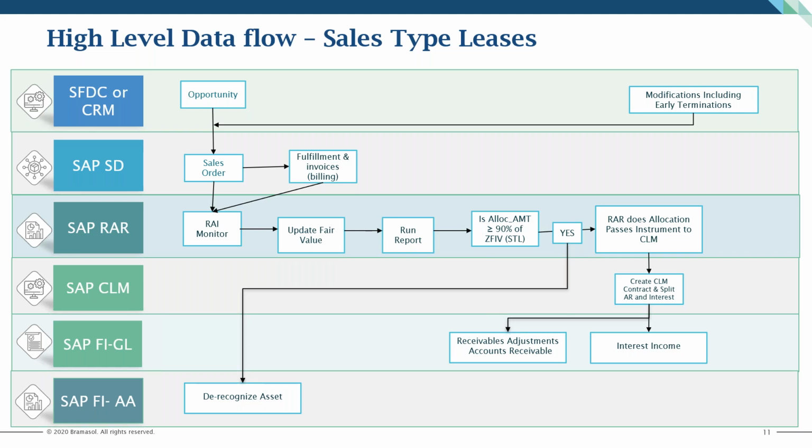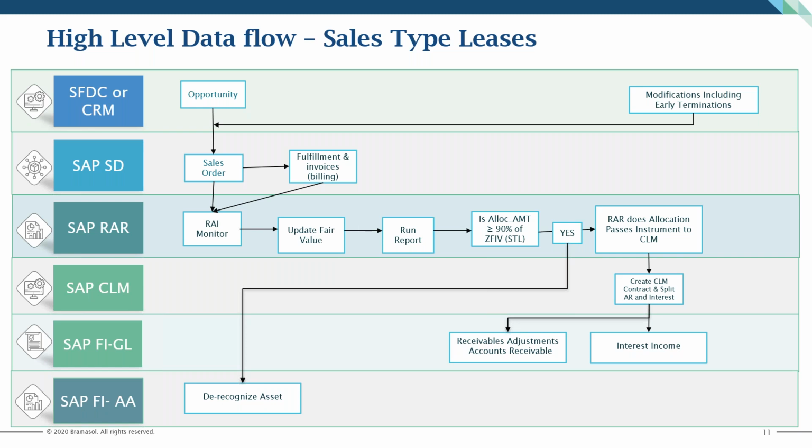We'll start with your opportunity. You create it in SAP CRM or whatever you're using for your order systems. It flows in, we create an order, we do the same process, but now as you go through the process and we've updated the fair values in the system, the report shows us that no, this is really over 90% or passes some other criteria.